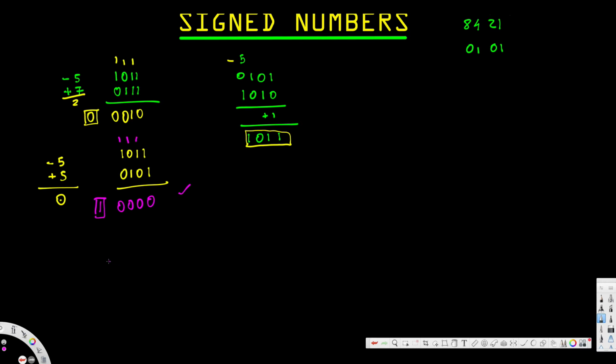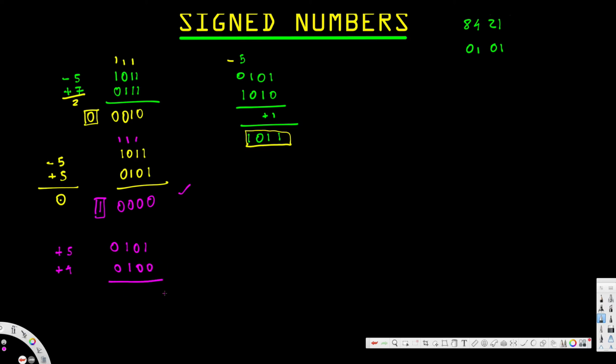Now let's look at another example. Let's say we want to add +5 + 4. If it's plus, we don't have to do any 2's complement or anything, we just directly put them. 0 1 0 1 is the +5, and +4 is going to be 0 1 0 0.